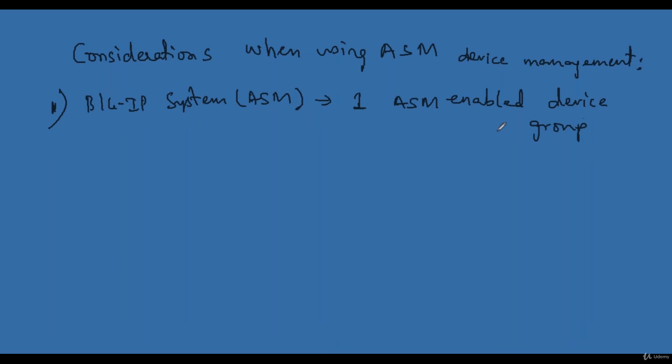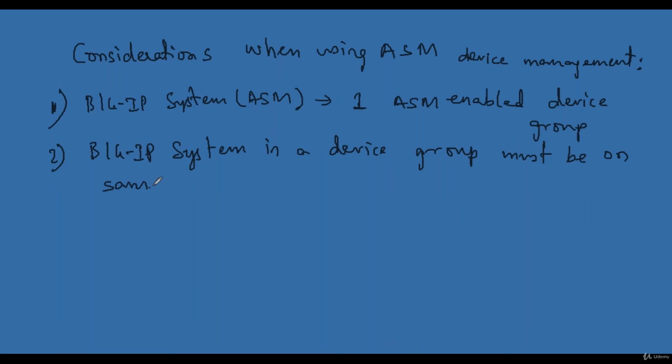You cannot have the system be a part of multiple device groups. Then, the BIG-IP systems in a device group must be on the same version, including any hotfix that you have installed.